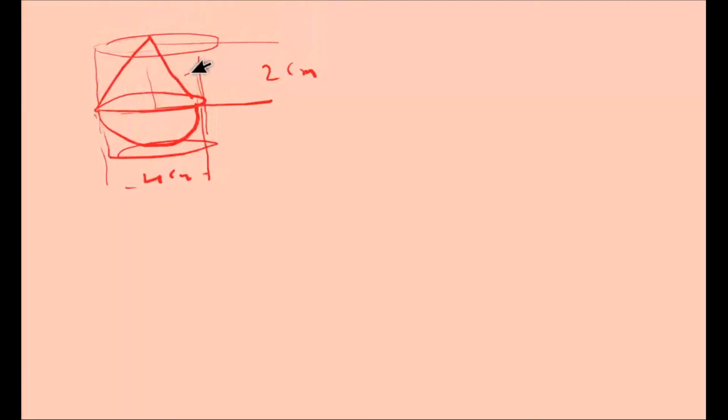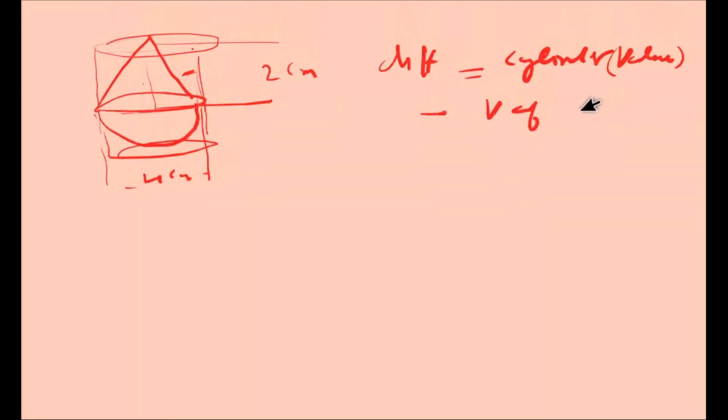So this is the difference, volume of the cylinder and toy. Difference equals cylinder volume minus volume of toy, right? So cylinder volume is pi r square. What is the r here? (4 by 2) square.